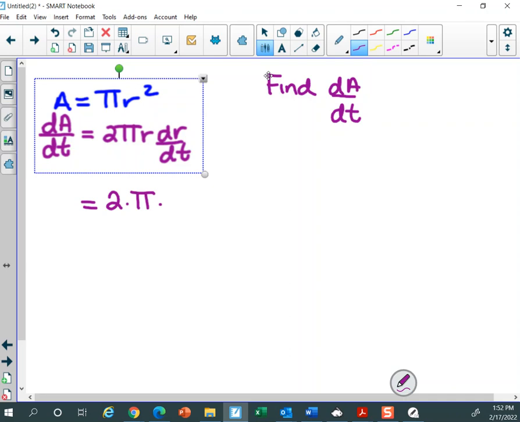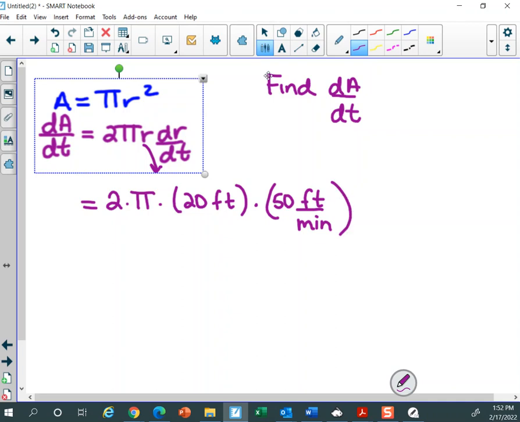I'm told that we're talking about the specific point in time when r, I believe, is 20 feet. Interestingly enough, that wasn't important in the circumference problem, but it's important in the area problem. The radius change is 50 feet per minute.